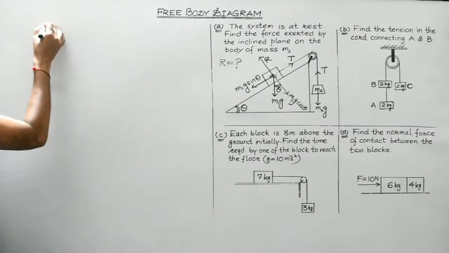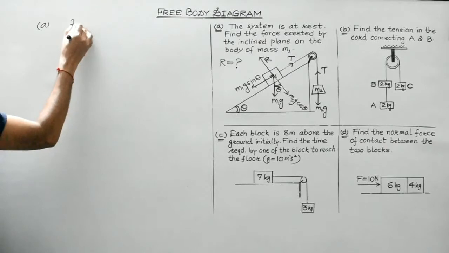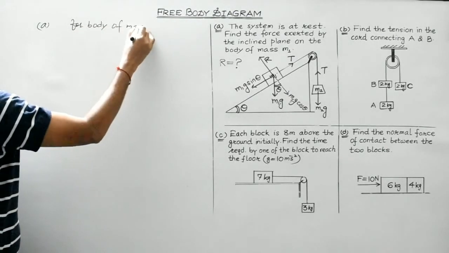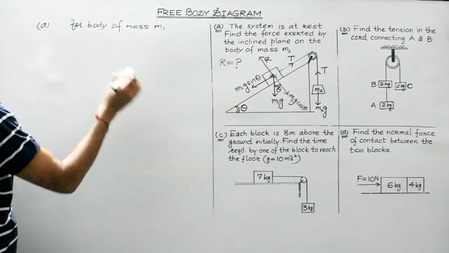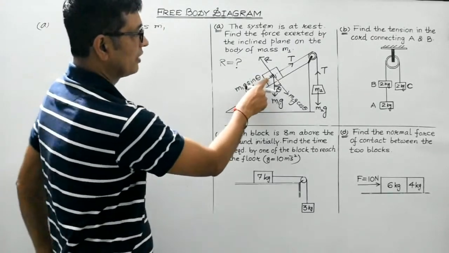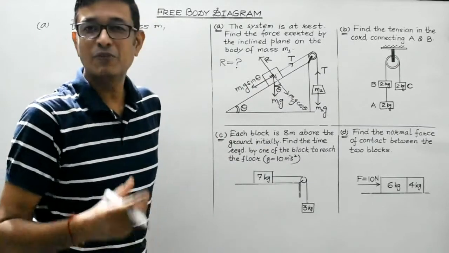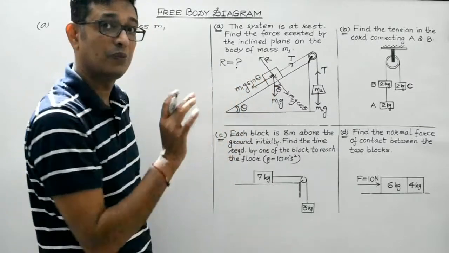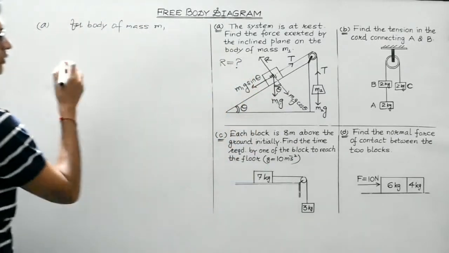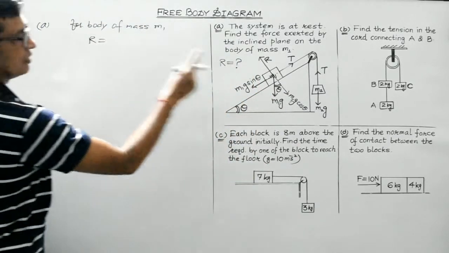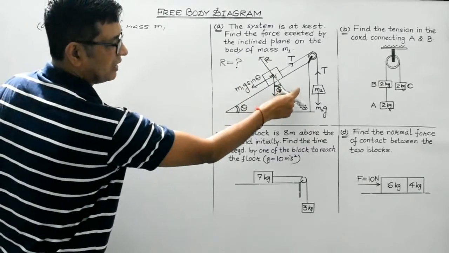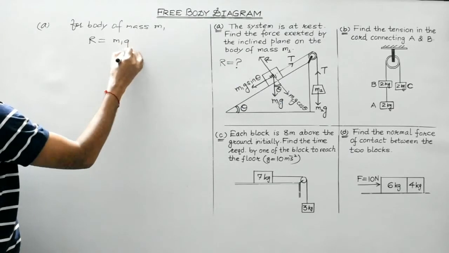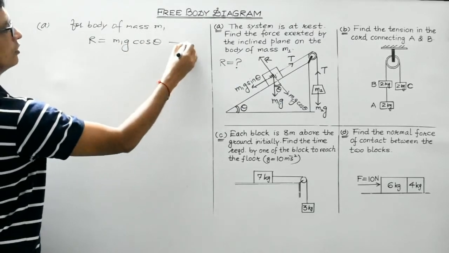Okay, now let's construct the equation for the body of mass m1, right? Since the body is given to be at rest, it must be under the influence of balanced forces. That is, the net force acting over here must be 0. And that is possible only when the reaction, which is the force exerted by the inclined plane on this body and which is to be determined, is equal to m1g cos theta, right?